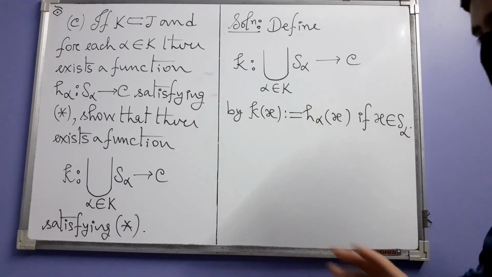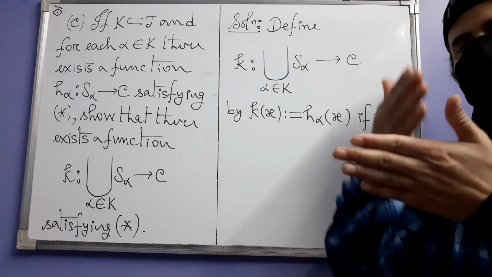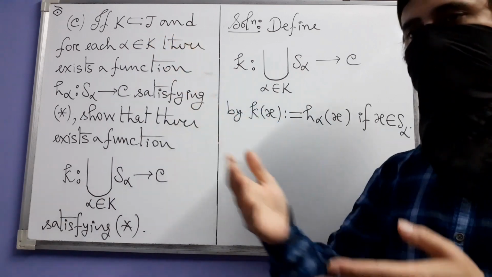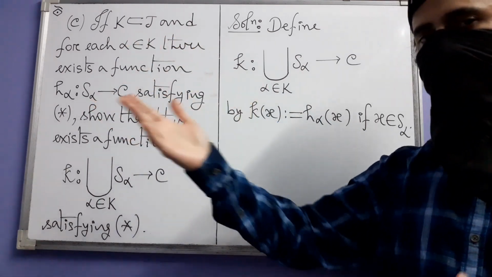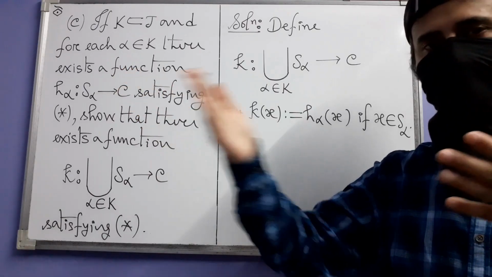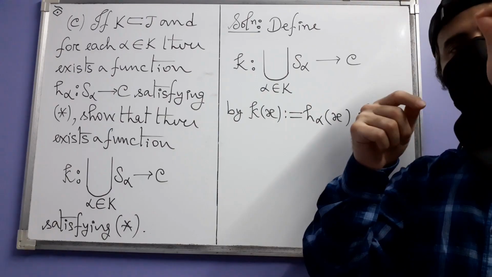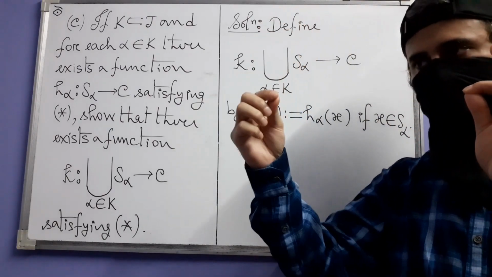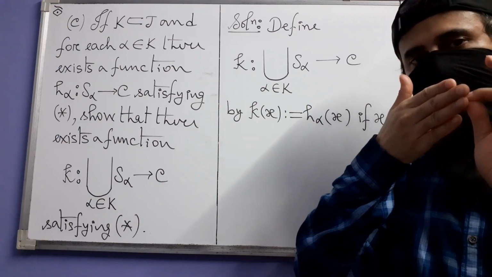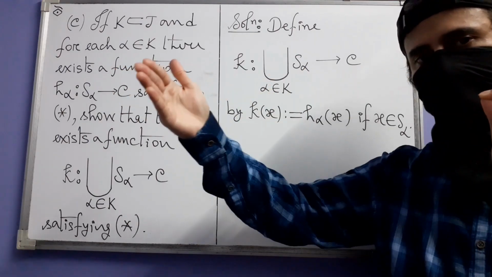And the S alphas actually are not disjoint. If you think of the well-ordered set J, or actually K, a part of J, as a line, it's after all a linearly ordered set. So you have alpha here and you have beta here. S alpha is the set of all elements in J that are less than alpha, so this side.